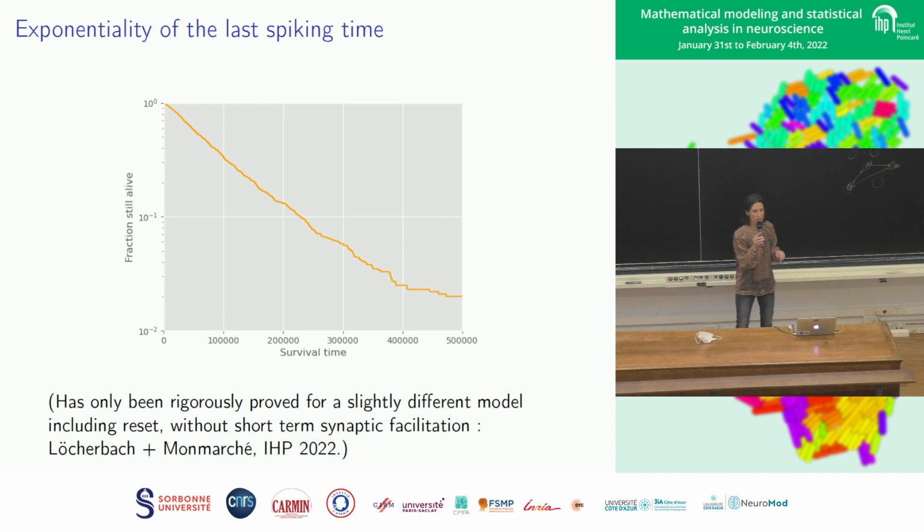Just by saying that their spiking rate is above some threshold. So we believe this is true. Actually, we proved this metastability result in a different model with Pierre Montmarché. So it's possible to prove it, but it's a lot of work.